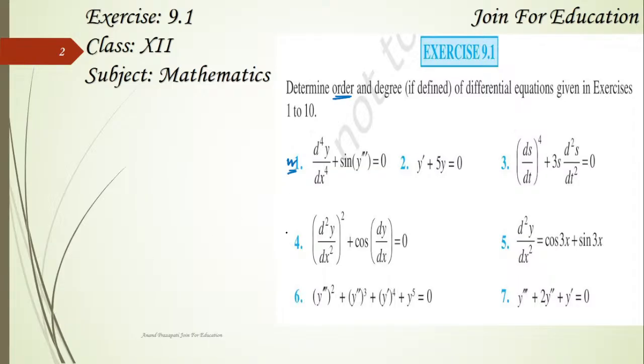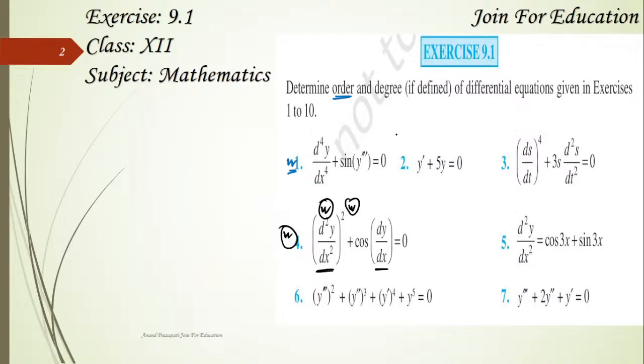So let's see question number 4. This differential equation has the highest derivative, and the maximum power of this derivative is 2, but this differential equation is not a polynomial in its derivative.